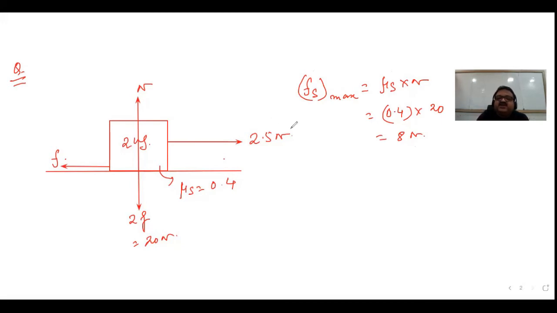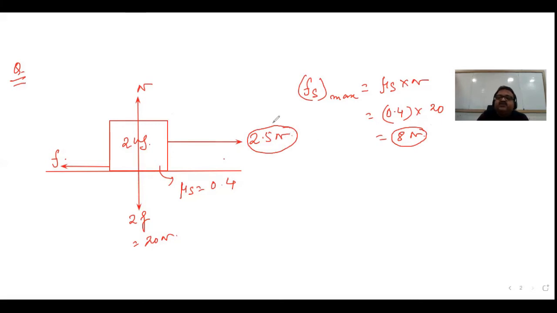Now look at this. In this case, the force acting on the body is only 2.5 Newton, but the limiting friction is 8 Newton. That means this friction can increase up to 8 Newton with the applied force. Clear?